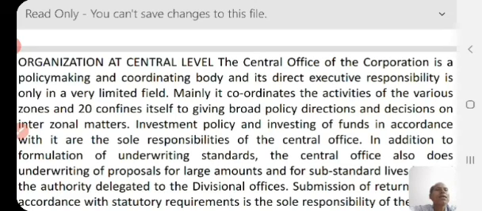So the central office is a policy making body. It coordinates the other offices. Mainly it coordinates the activities of the various zones, and confines itself to giving broad policy directions and decisions on interzonal matters.